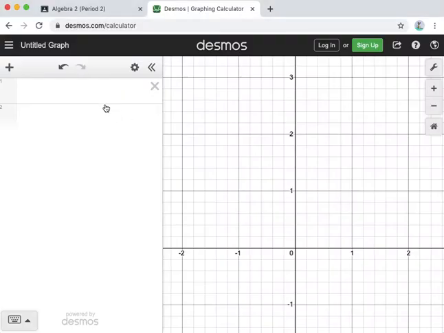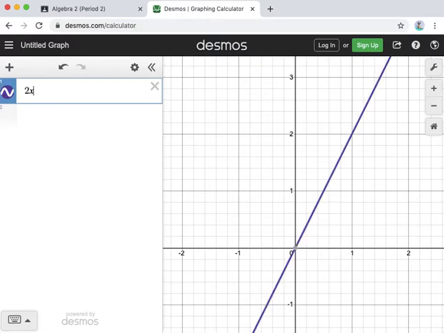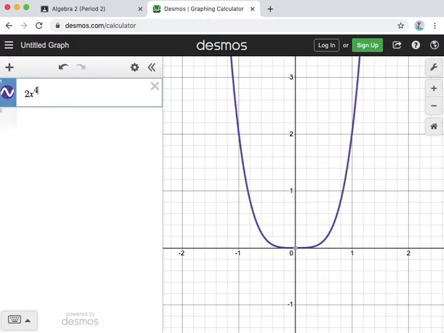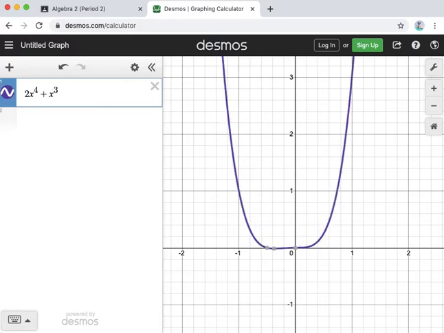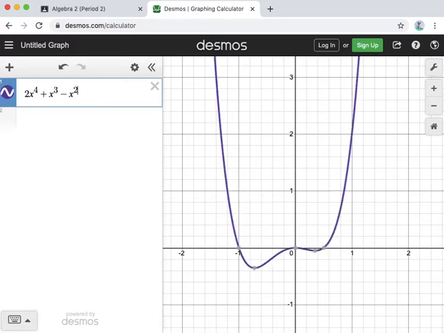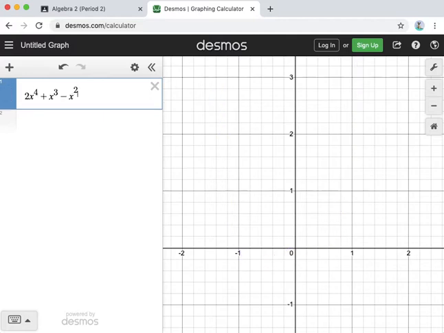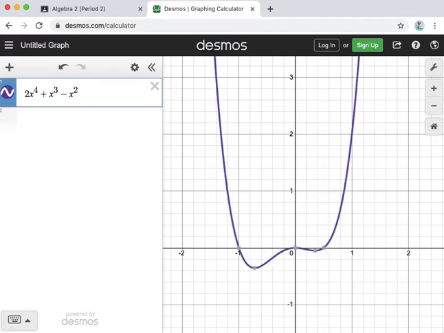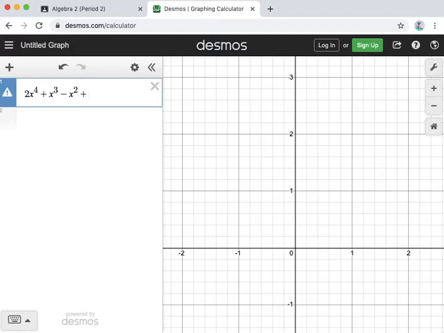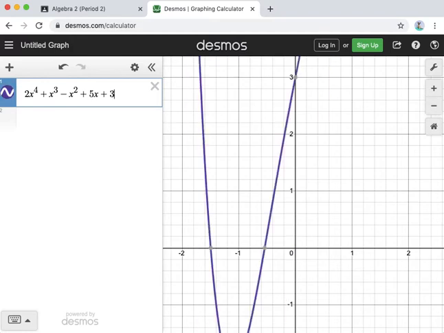So let's see what's going to happen, right? We could type in 2x raised to the 4th, and then plus x raised to the 3rd, minus x squared, plus 5x, and then plus 3.